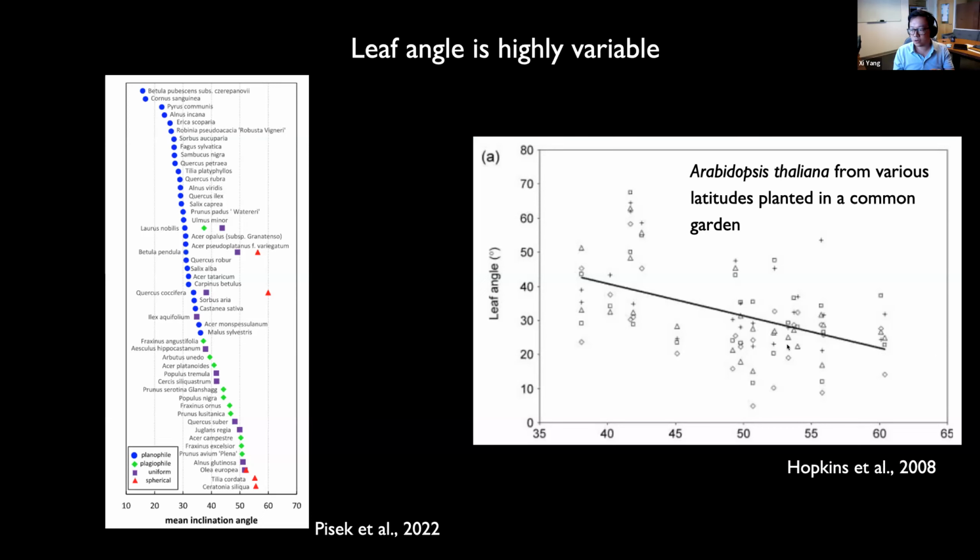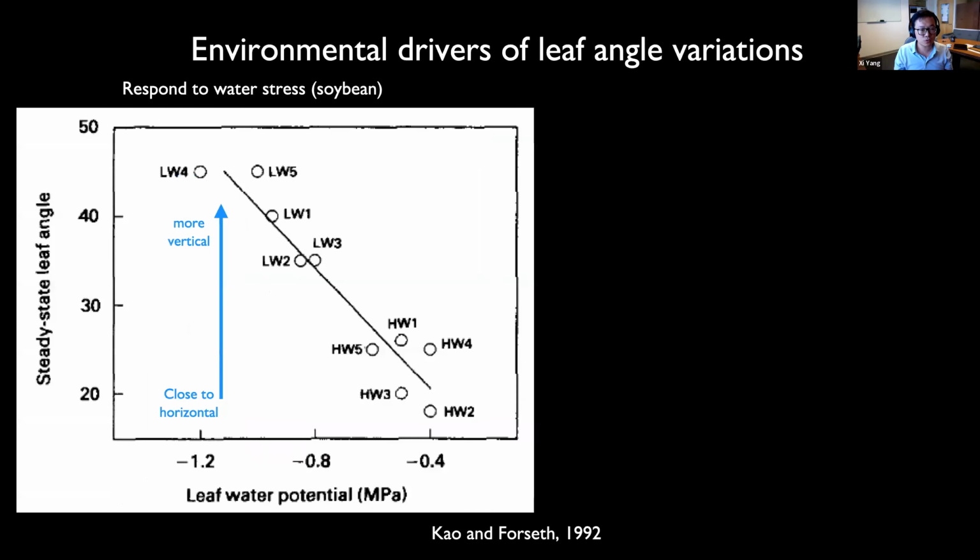So there are a lot of variations related to genetics, but environmental drivers also impact leaf angle variations. This is one of the earlier works from Earl Forces' group that shows a strong correlation between leaf water potential and the steady-state leaf angle.